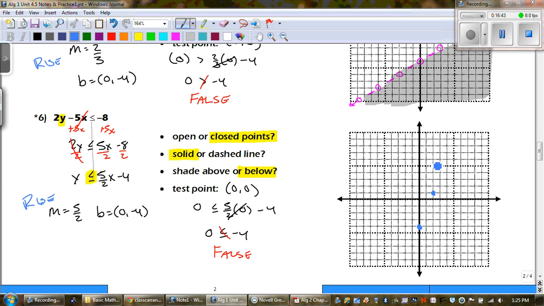Up 5 over 2. Down 5 over 2. So we've got our line right there. Okay. And we said that (0, 0) is not in it. So when we shade it, I'm going to make sure that I shade below that. Okay.